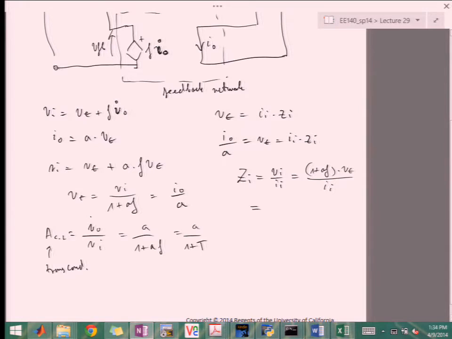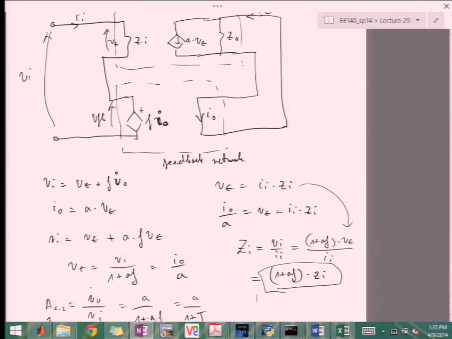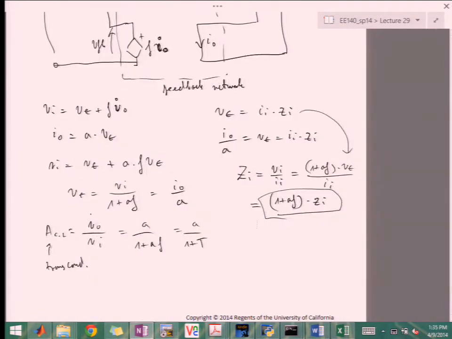And then from here, VE is IIZI. We have 1 plus AF times ZI. So again, the series connection with feedback increases the input resistance or impedance by 1 plus T.